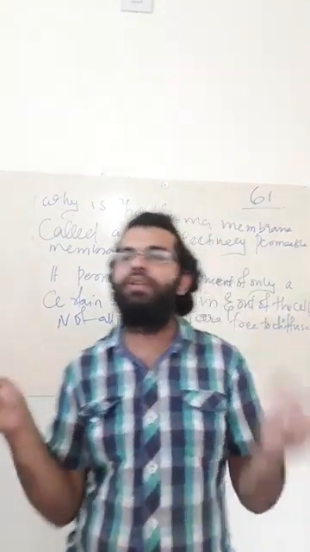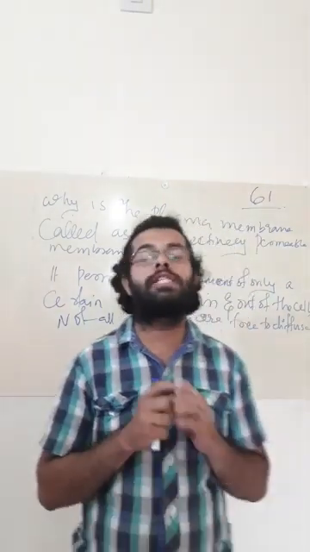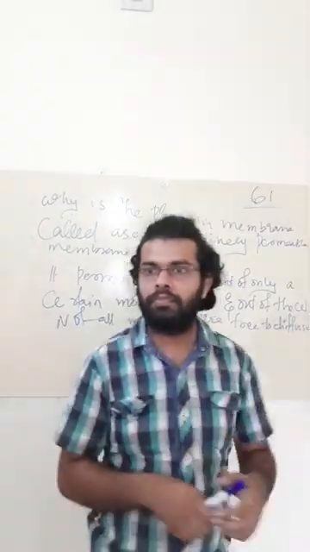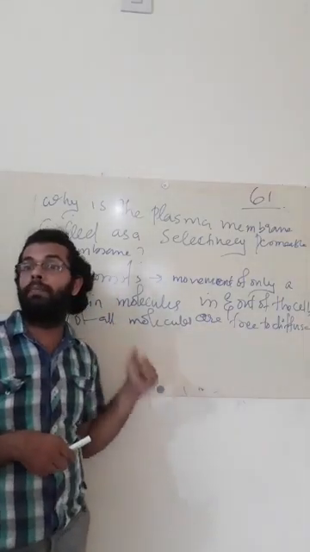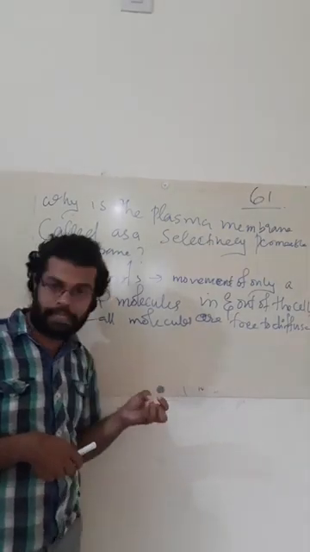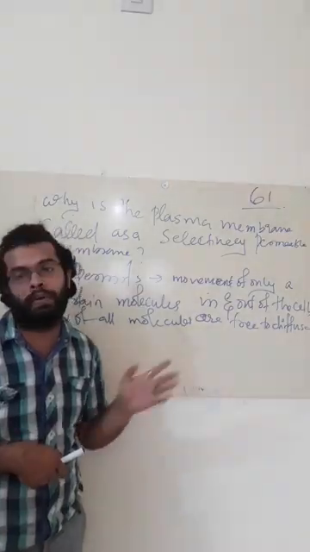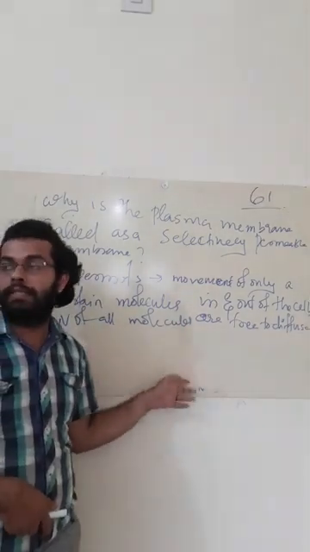The next point we should write about is the nuclear region. What is the specialty of the nuclear region of prokaryotic cells? The nuclear region of prokaryotic cells is poorly defined due to the absence of a nuclear membrane, and it is known as the nucleoid.